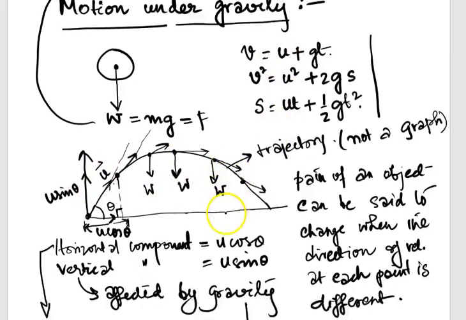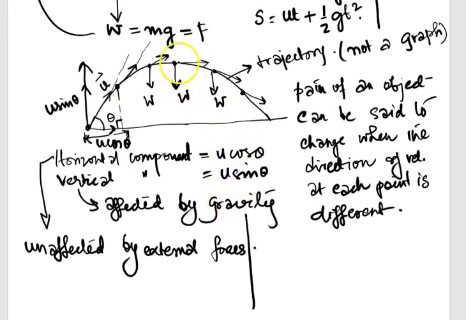For example, at the highest point, say P is the highest point. So at P, we have vertical component going down to 0.